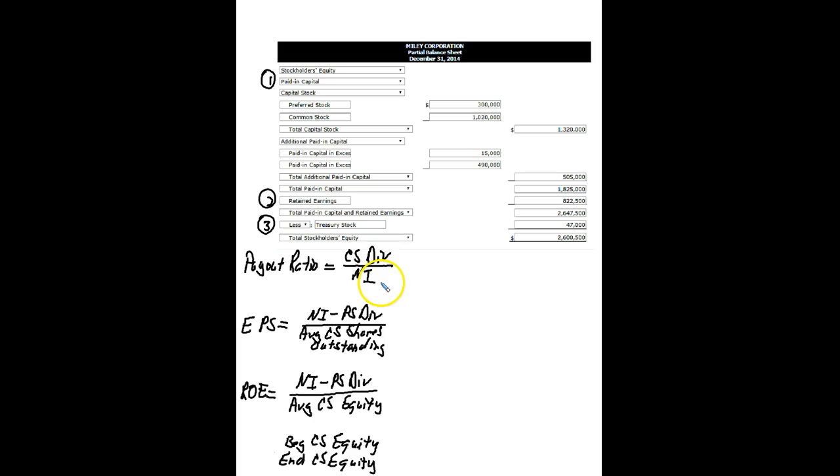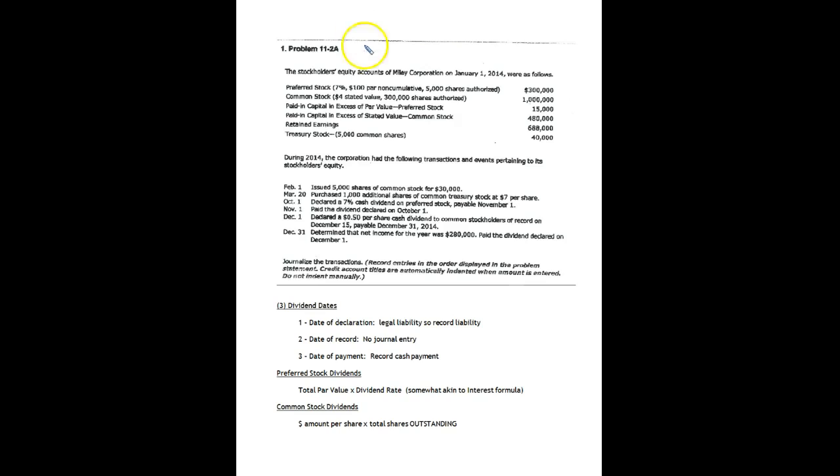In the demonstration problem, the common stock dividend, to the common shareholders, not the preferred shareholders, was $124,500. We also had net income of $280,000.